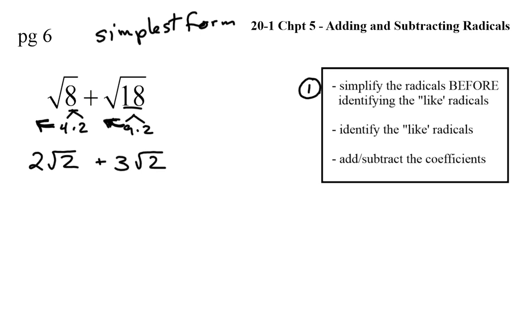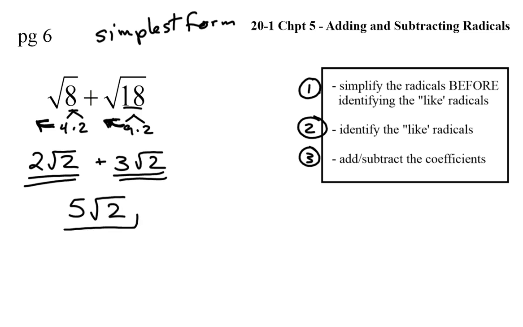Once we've simplified, now we hopefully see, if we've done it correctly, that we have like radicals. And now I can just add and subtract the coefficients. 2 root 2's plus 3 root 2's means I have 5 root 2's, or 5 root 2 as the sum when I combine the radicals.